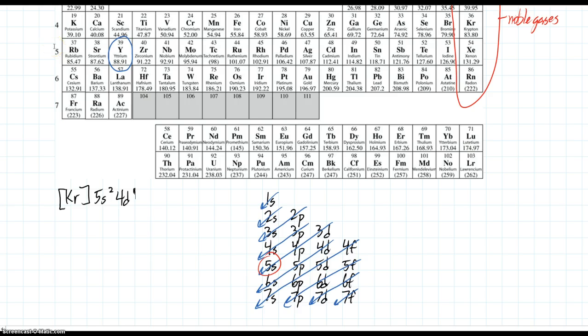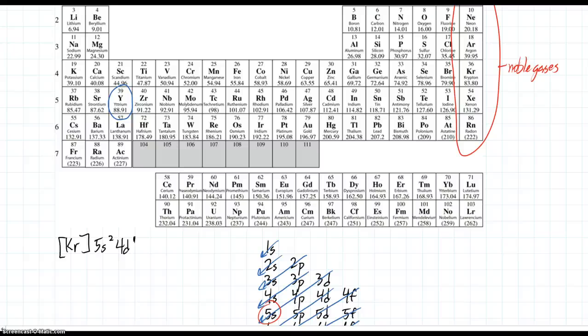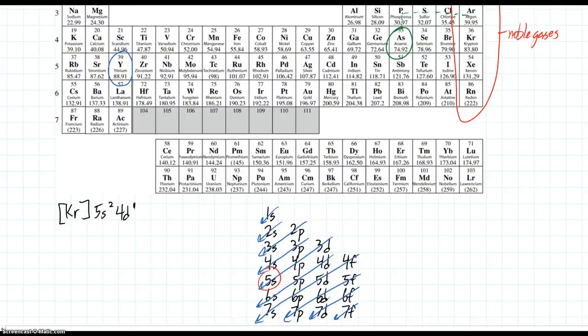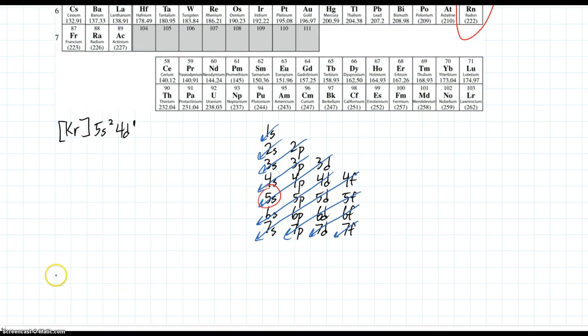As another example, let's say that we want to find the shorthand notation for arsenic. So for arsenic, we look up a row all the way over to the end, and we see that argon, atomic number 18, is the noble gas that we're going to start with.